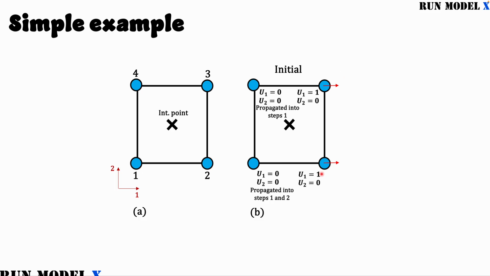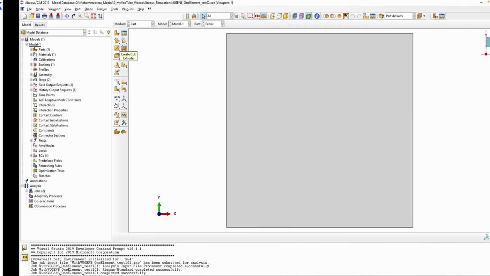We can apply a displacement of 1 at the 2 right nodes, and we can fix the 2 left nodes. The dimension of the element is also 1 by 1, and then we can verify our code. So we go to Abaqus now.